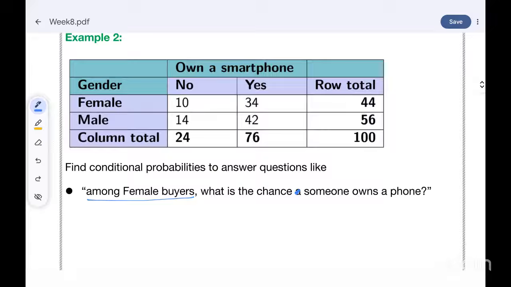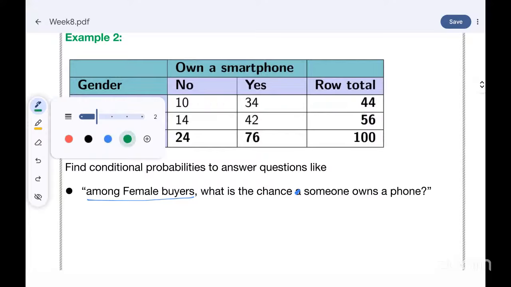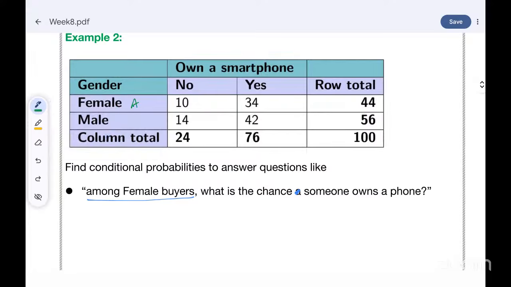Let's use the same notation as earlier: A, B, and owning a smartphone, OS. What is the notation you have to write here? What is the given condition? And what do we need to find? The chance someone owns a phone.